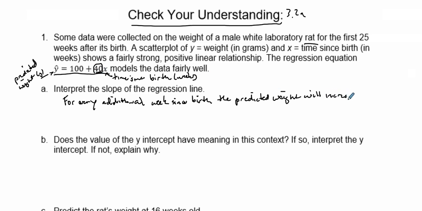It's increasing because it's a positive slope. So for every additional week since birth, the predicted weight of the rat will increase 40 grams. That's how we would interpret the slope.